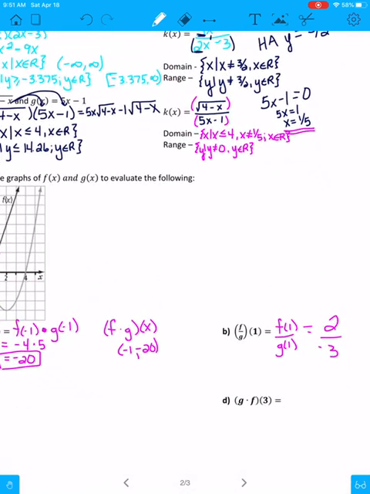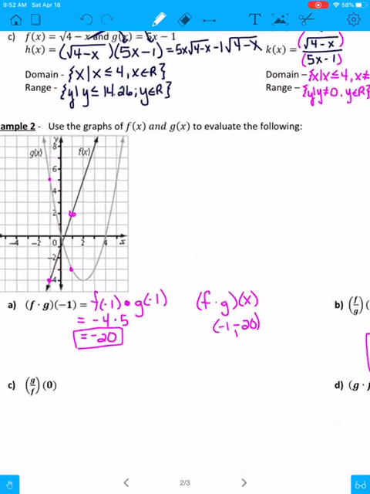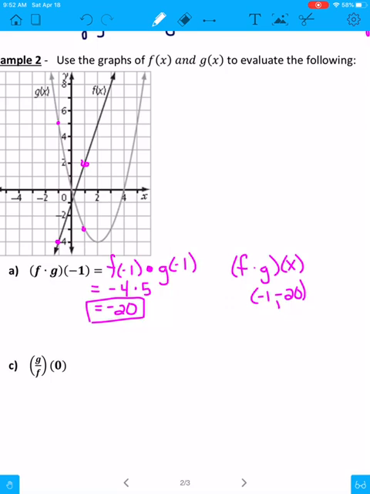And that's the answer. So the answer to this is -2/3. What I was trying to tell you is, on the graph of f of x divided by g of x, I found a coordinate at 1 and -2/3. So that's really what you're finding. Every single time you're plugging in an x value, you're finding a coordinate on that graph.